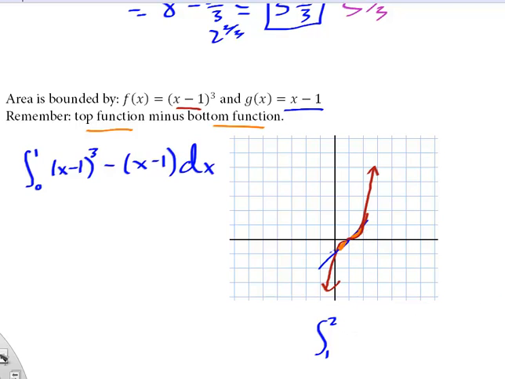And so in the second integral, we would have on top the x minus 1, and on the bottom the cubic x minus 1 cubed. Again, this would be dx to get the full integration symbol across.